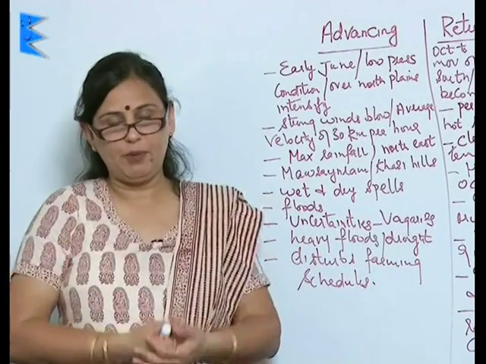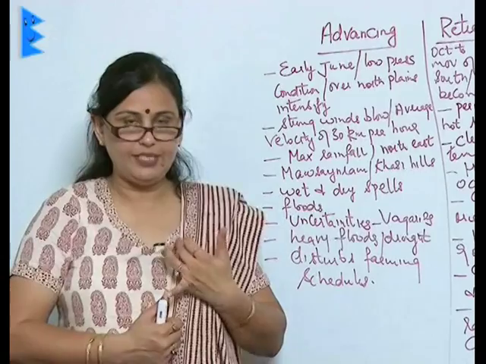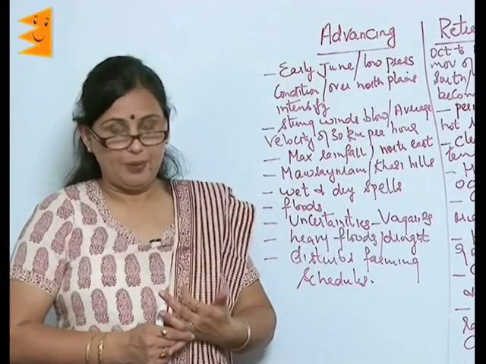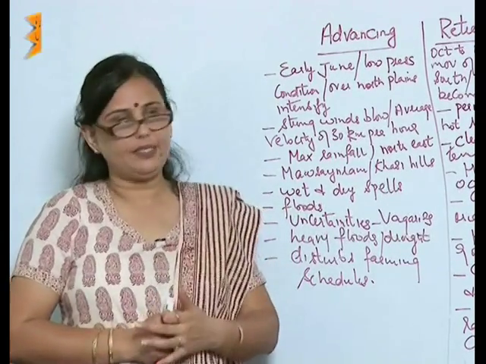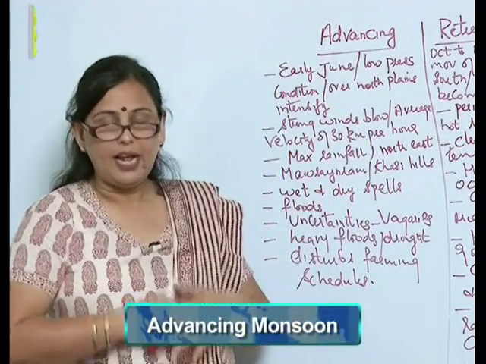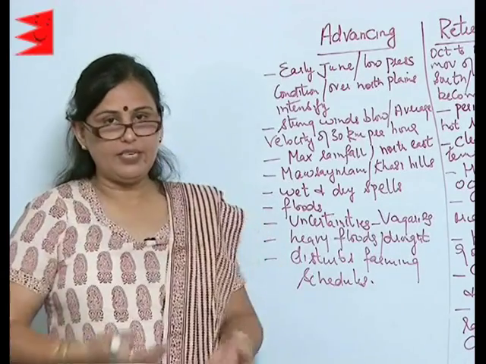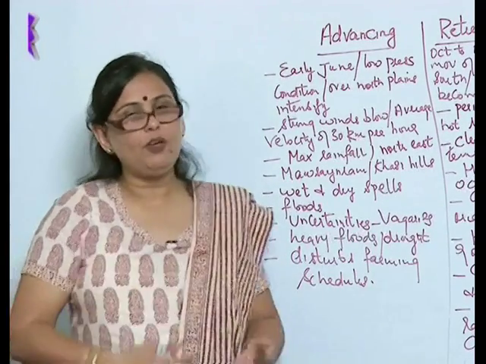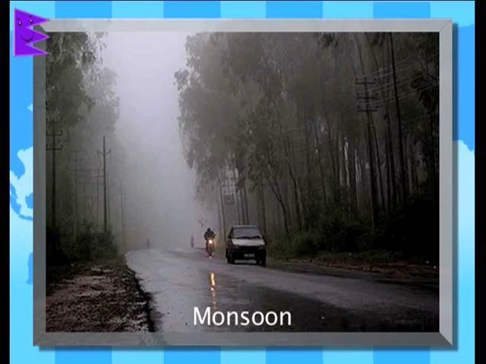And I have already explained it to you about the cold season and the hot season. Let me talk about the 3rd season, which is the advancing monsoon season. As the word suggests, advancing monsoon, that is the coming of the monsoon, when actually it starts raining and pouring.